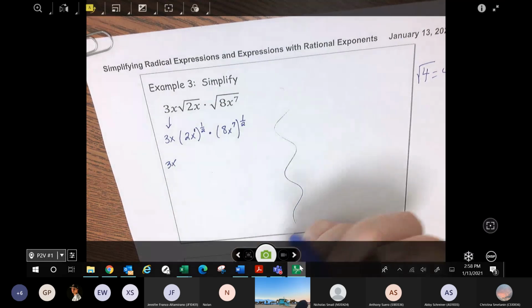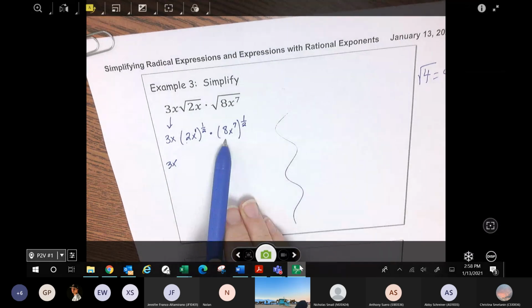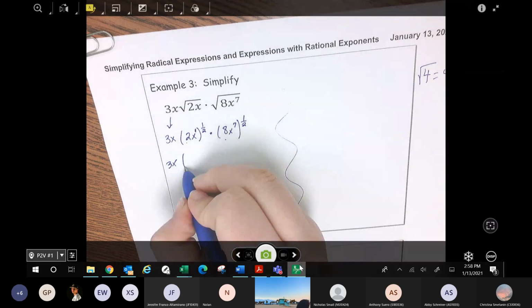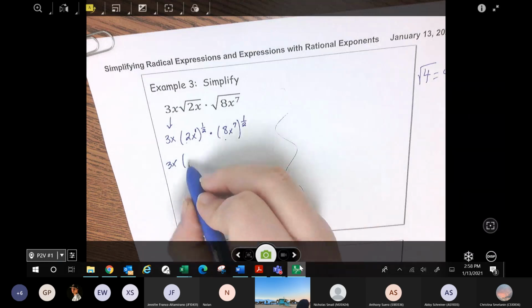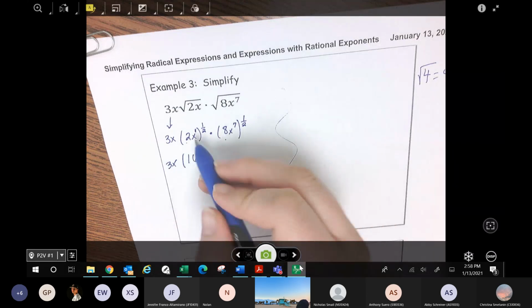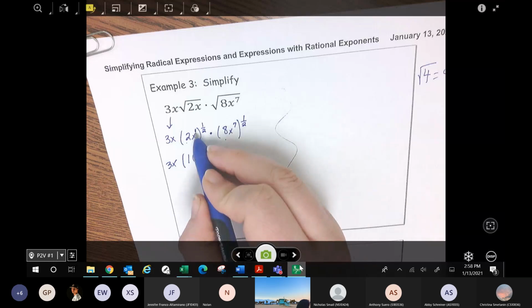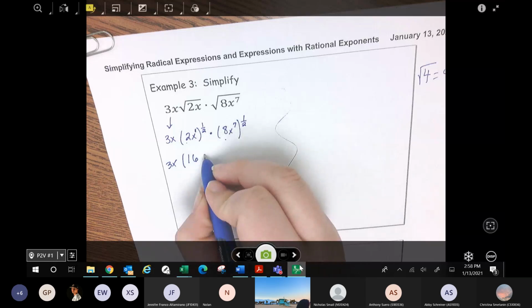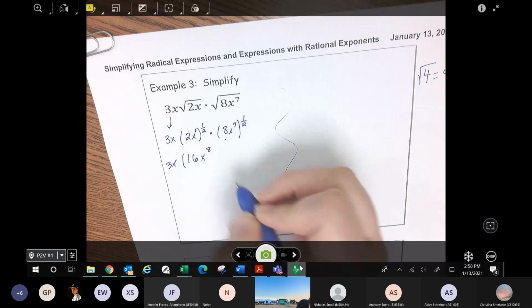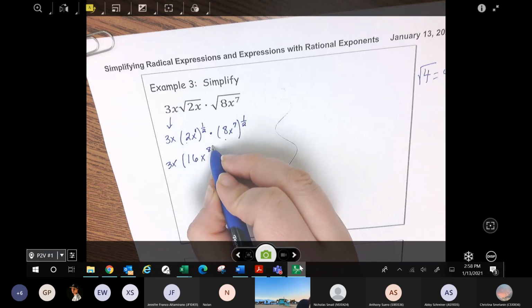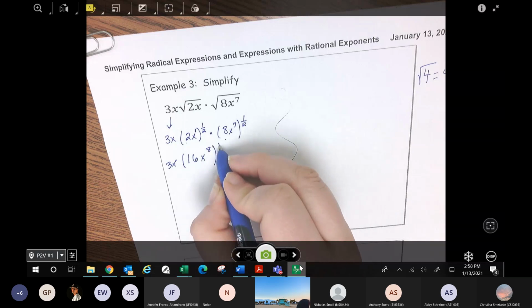Keep it to the side. What is 2 times 8? 16. Thank you. And then x to the first power times x to the 7th power. We're going to add those. We're going to do 1 plus 7. That's going to give you 8. And then all of this is raised to the 1/2 power.